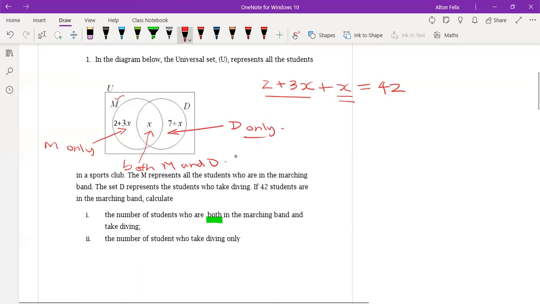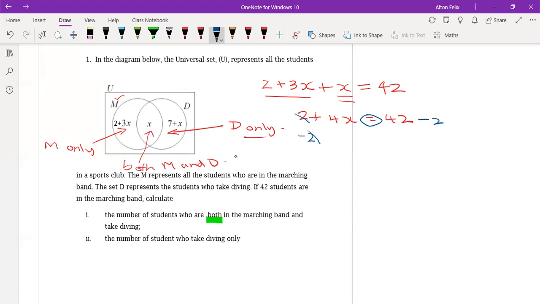So let's proceed to solve this equation. This can be simplified to give us 2 plus 4x equals 42. And we can subtract 2 on both sides. If we subtract 2 on the left-hand side to maintain the balance, then we must also subtract 2 on the right-hand side.